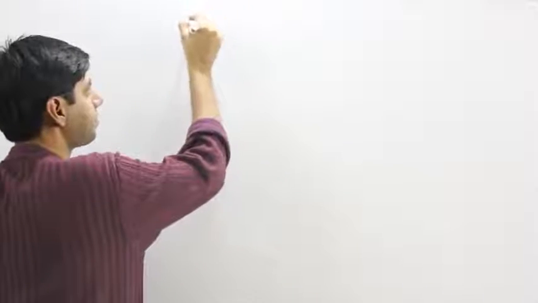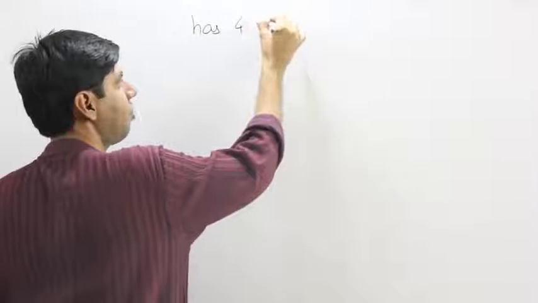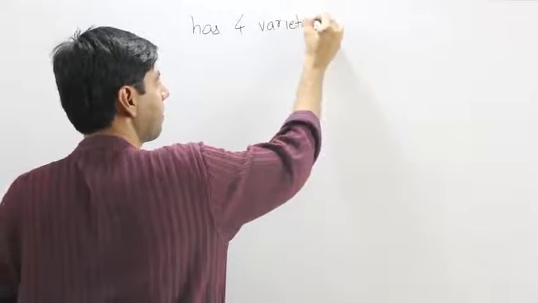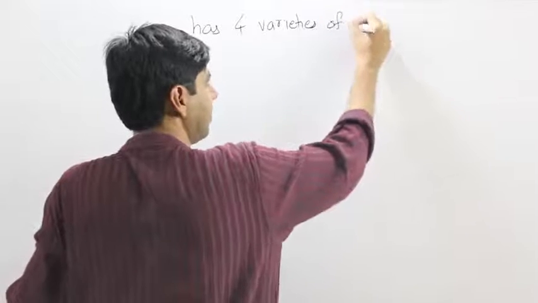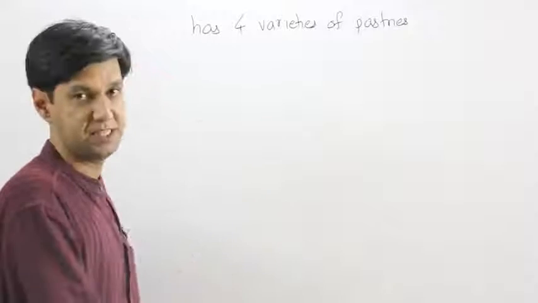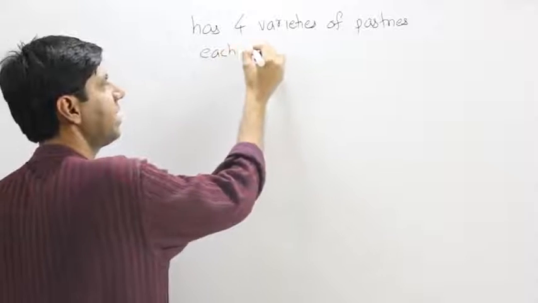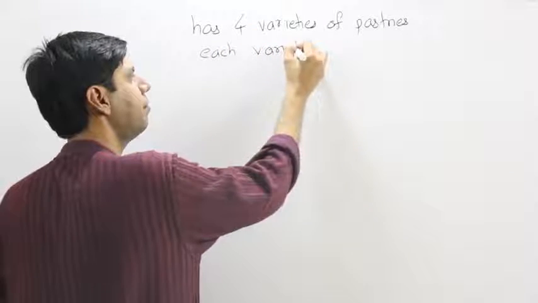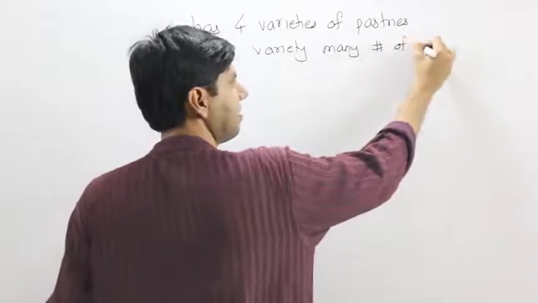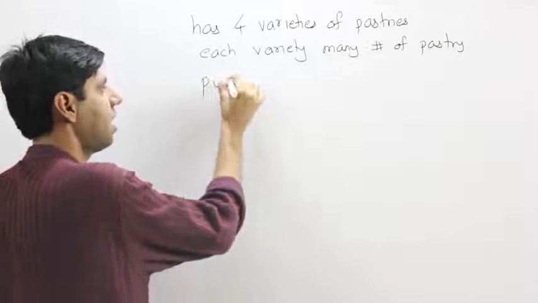A bakery, let's say, has 4 varieties of pastries, and it's also given each variety having many numbers of pastries. So this is not a problem. I want to purchase 10 of them.